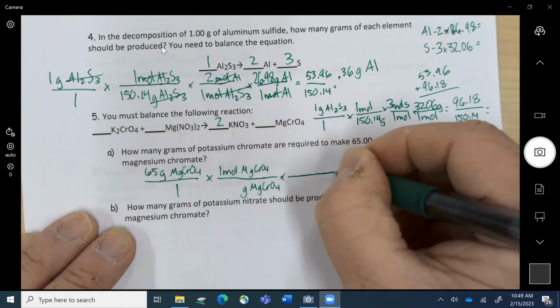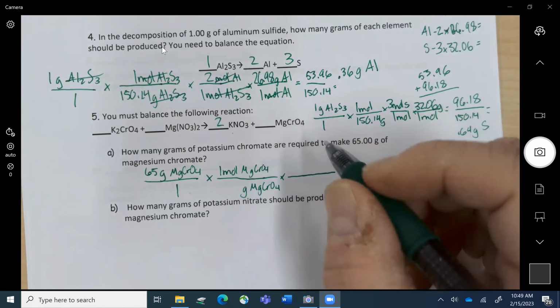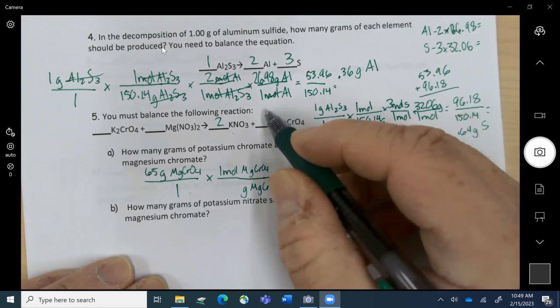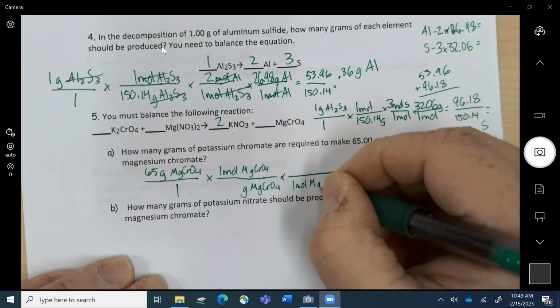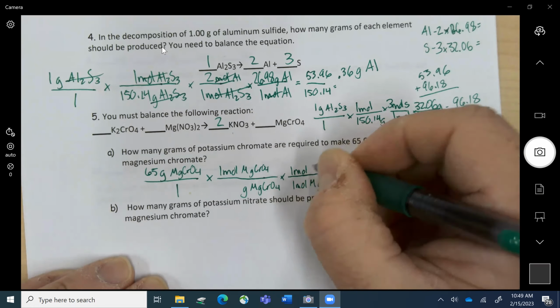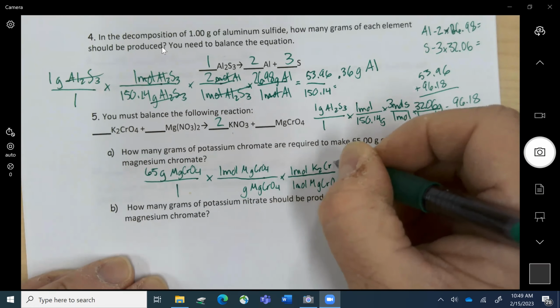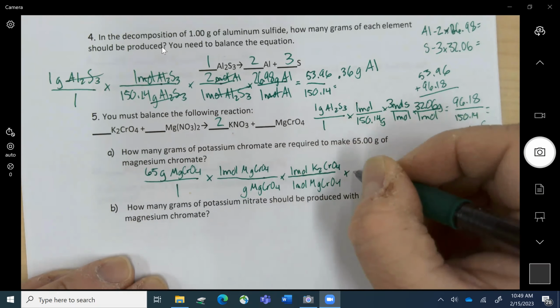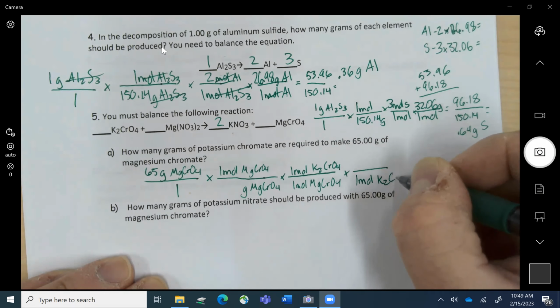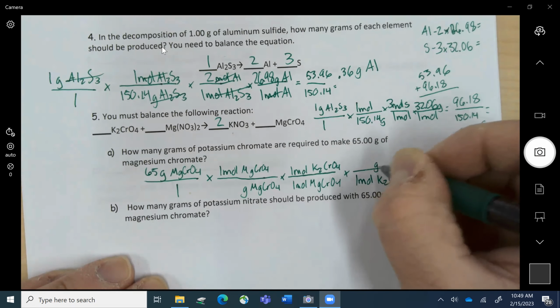And then I use my molar ratio, which in this case is 1 mole. There's no ones there, but they are there, MgCrO4. And 1 mole of K2CrO4. Then it's going to be 1 mole of it, K2CrO4, and then I need to know how much it weighs.